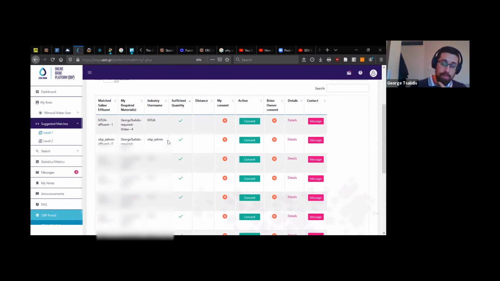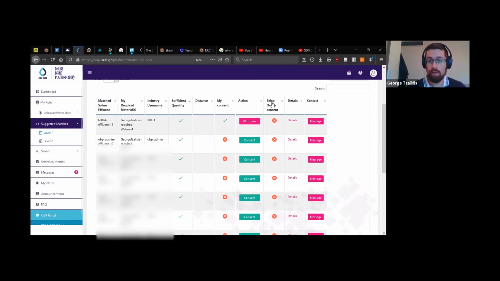Then the platform gives me a couple of actions to do. First, I can give consent, and here it shows that I have given consent to the NTUA user to get my sensitive information, because up to now all my sensitive data, like the name of my company and where it is located, is not visible to other users.